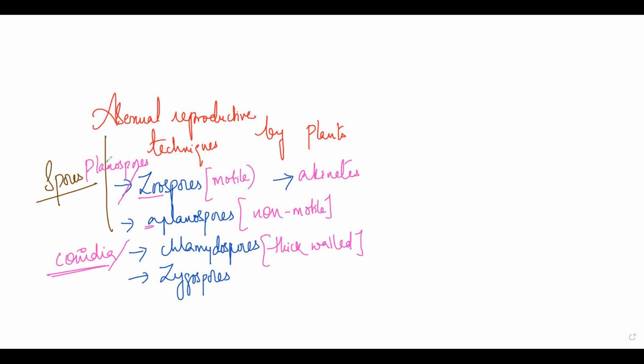Usually the planospores, which are motile, will be present in the waters, whereas aplanospores, which are non-motile, will be usually produced on the land during adverse conditions. I'll be coming across every one of these. So first, we will get into the details of all these spores.